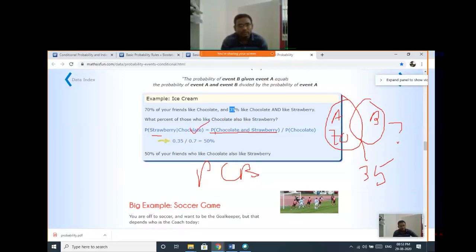This one is given, that's why you put it in the denominator. So 0.35 by 0.7, so that is a 50% chance you will get. Okay, so this is how the percentage is calculated. So 50% of friends who like chocolate also like strawberry.